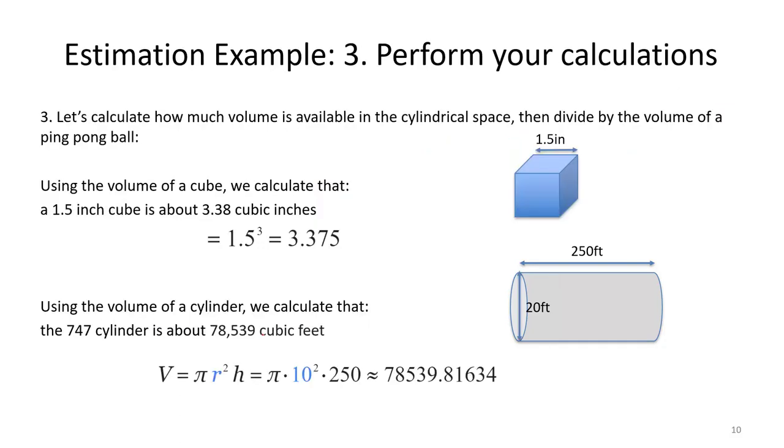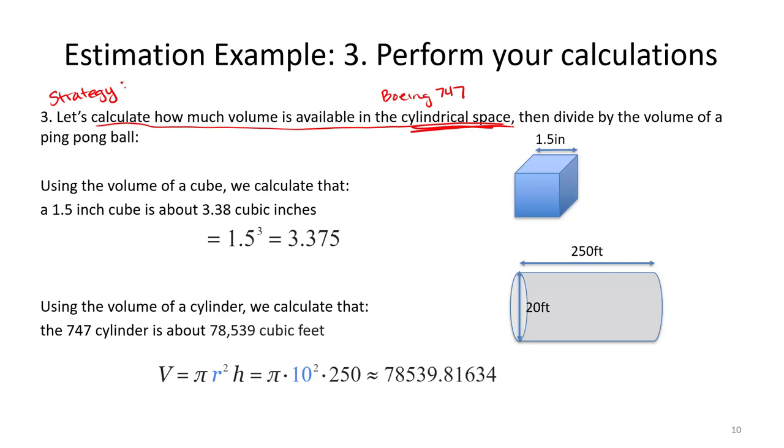All right, so now it's time to perform our calculations. So here's our strategy. First, we can calculate how much volume is available in that 747. And remember, we're treating it as a cylinder.